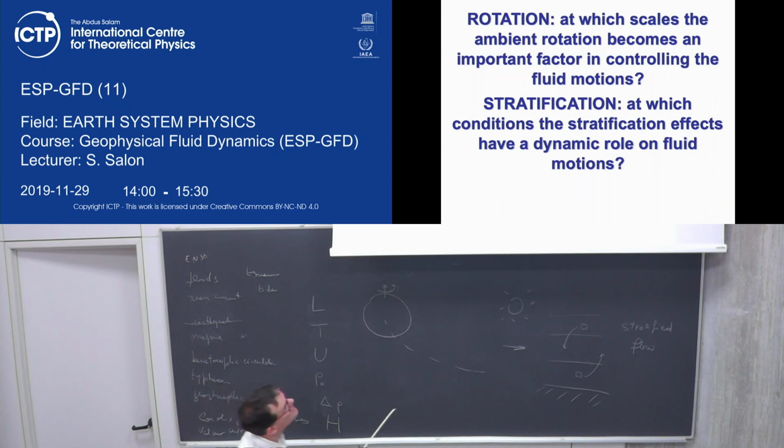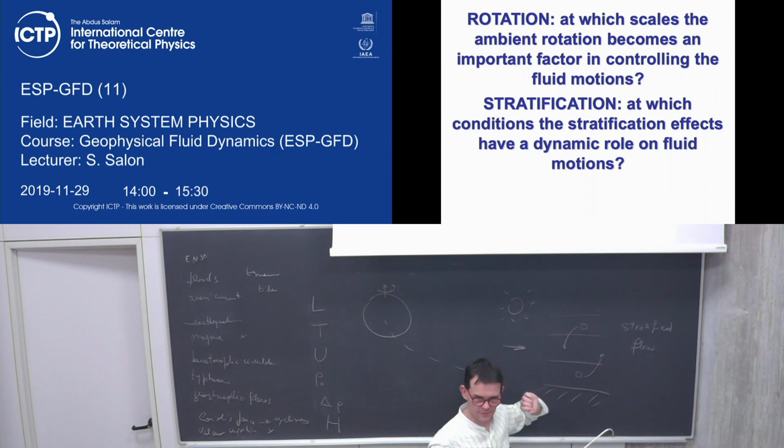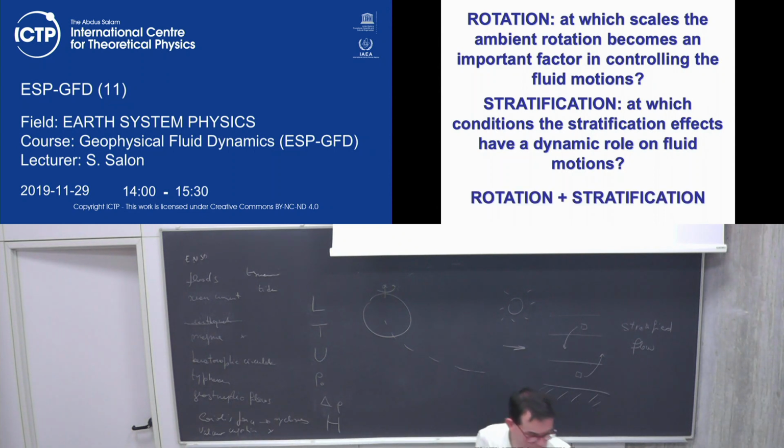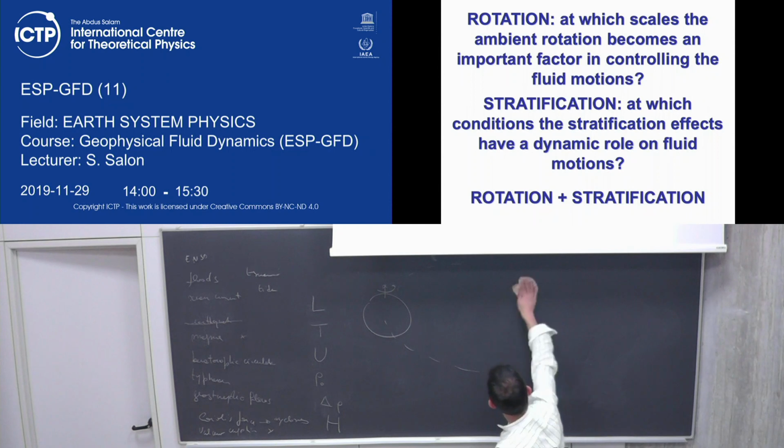So the question is, how big should this velocity be, or how weak should the stratification be, in order that the stratification itself is broken by the velocity? And finally, what happens when we have both rotation and stratification? So let's start to put some numbers on these two questions.